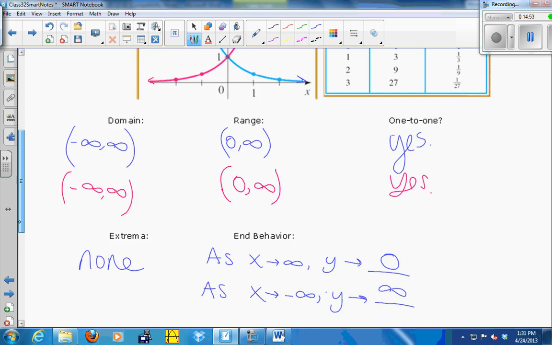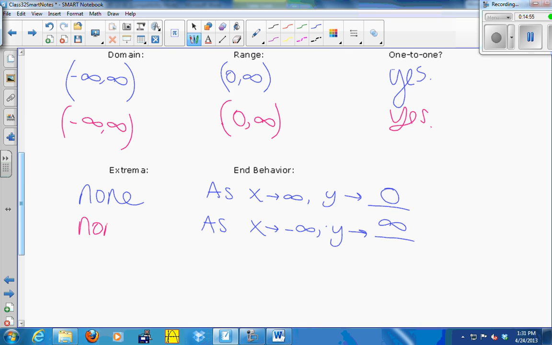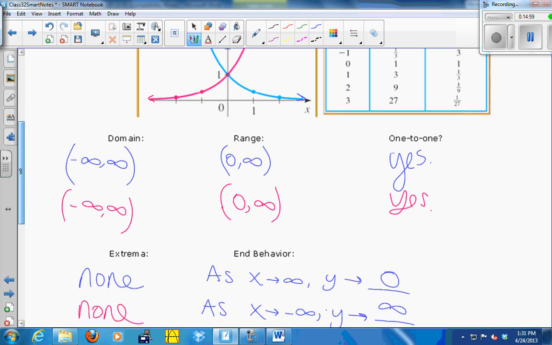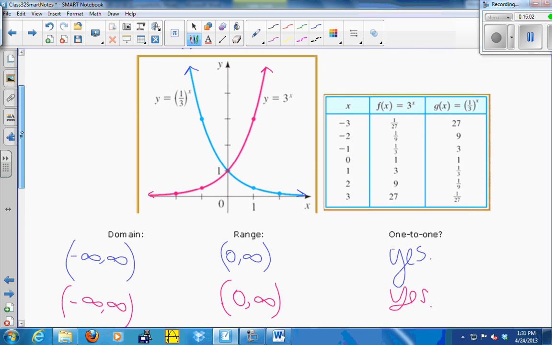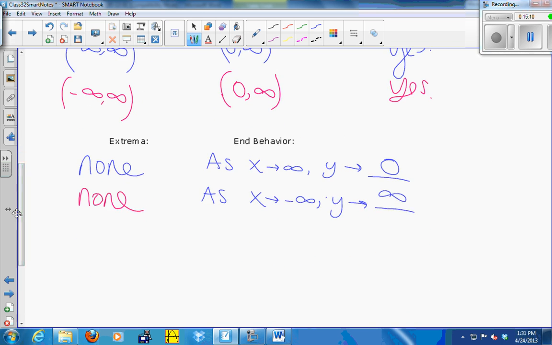No extrema. Just like the blue graph, no extrema. And then the end behavior for the pink graph is the same as the blue graph, but reversed. The ends are the opposite of what they were here. So I would say as x goes to infinity, y goes to. As x goes to negative infinity, y goes to what?